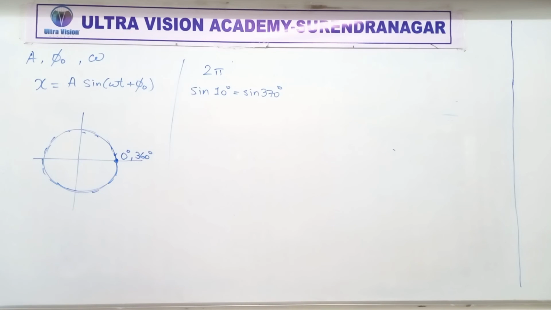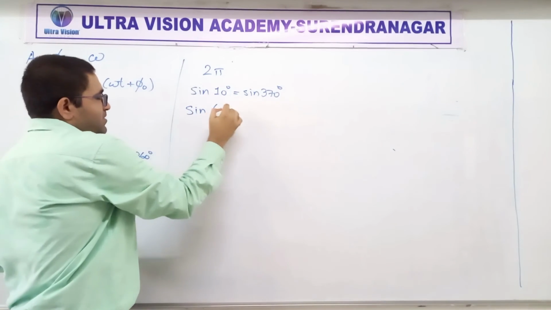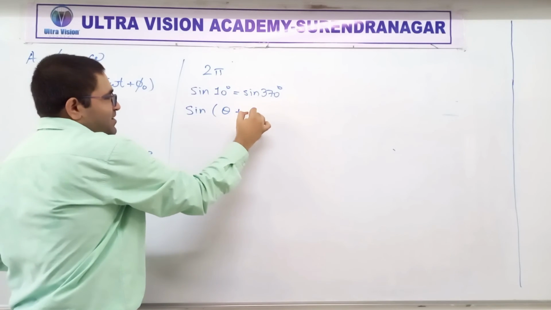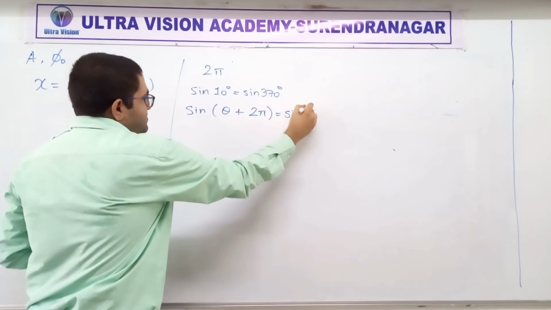Yes or no? Sine 10 degree is same as sine 370 degree. Okay, so just like this, I could actually take any angle, whatever angle I take, and I can add 2 pi to it, and the value will always be the same.